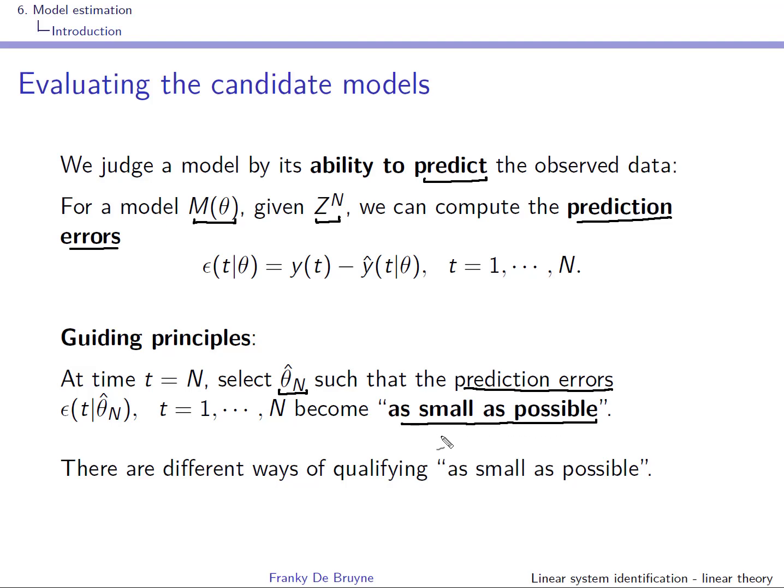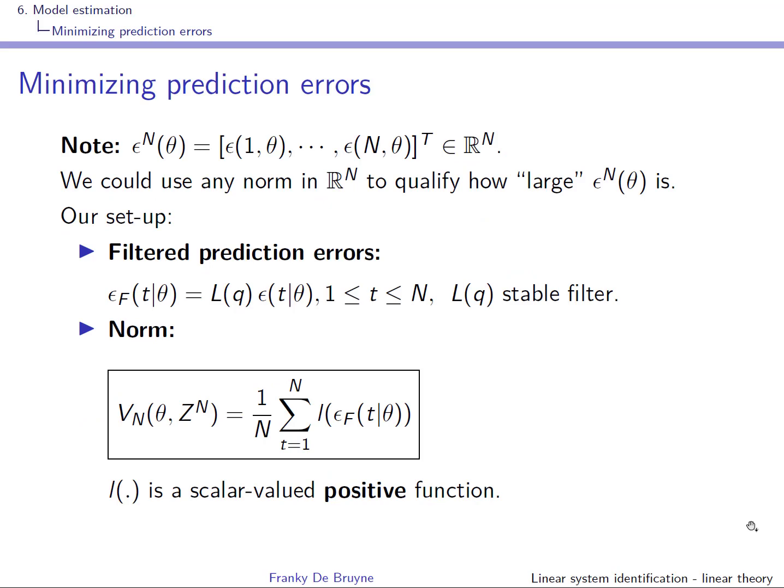And now, of course, we have to qualify what we mean by as small as possible. The residuals, the prediction error, are living in R^n because we have n data points here. So in order to qualify how large the residuals are, you have to use a norm in R^n, right?